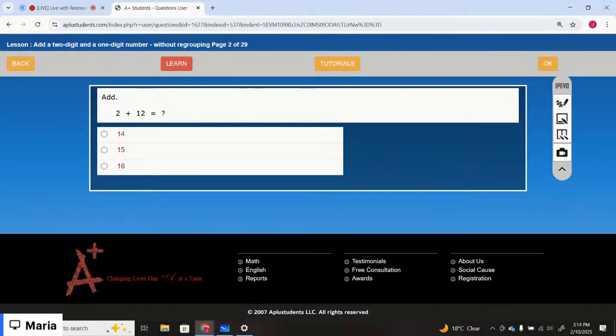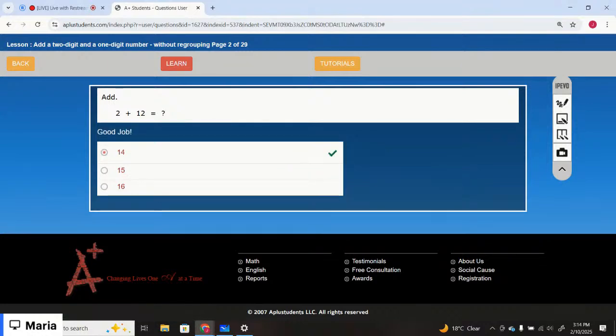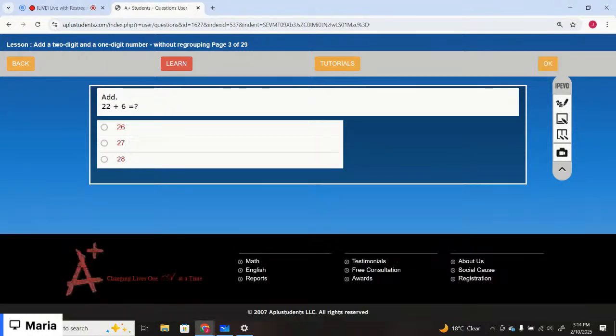So 12 plus 2 makes 14. Option number 1 is the correct option. 22 plus 6.